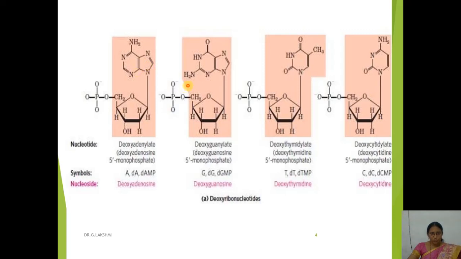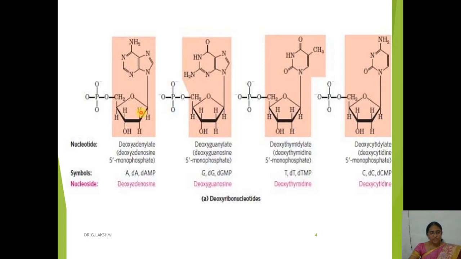So adenine and guanine. Now, to see here, 1, 2, 3, 4, 5, 6, 7, 8, 9. So what is the position here? It is the ninth position. The ninth position of the nitrogen base is attached to the first position of the sugar moiety through a glycosidic linkage. What is a glycosidic linkage?